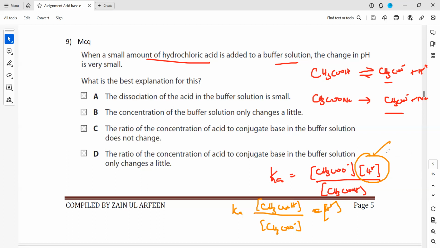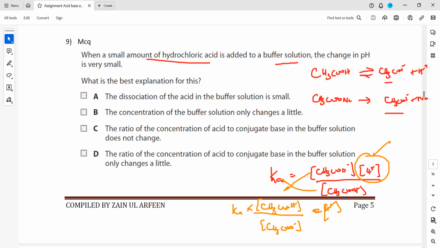If we want to find the hydrogen ion concentration, this is moved to the numerator and this one is moved to the denominator. So the hydrogen ion concentration is the dissociation constant of the acid, or if it was a base, the dissociation constant of the base, times the concentration of acid divided by the concentration of conjugate base.